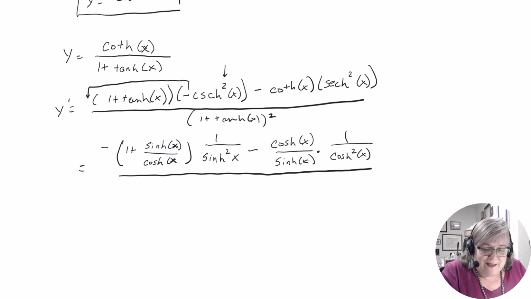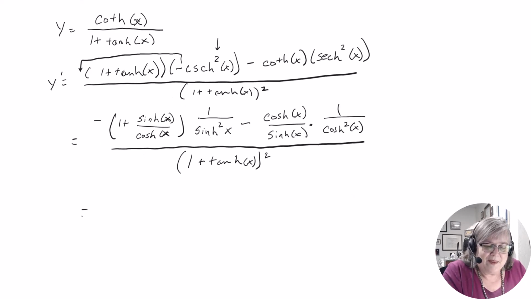And for right now, I'm just going to leave the bottom the way it is until I see if the top does anything interesting. 1 plus the hyperbolic tangent of x squared. Now, when I multiply this out, you can see that nothing over here is going to cancel. But when you multiply this, one of the hyperbolic sines cancels the other one.